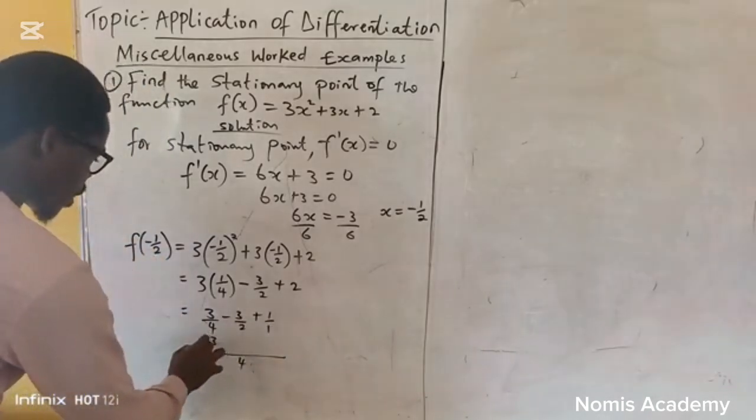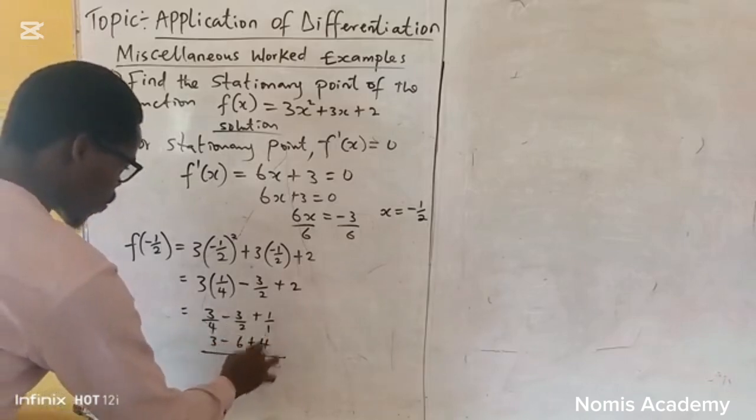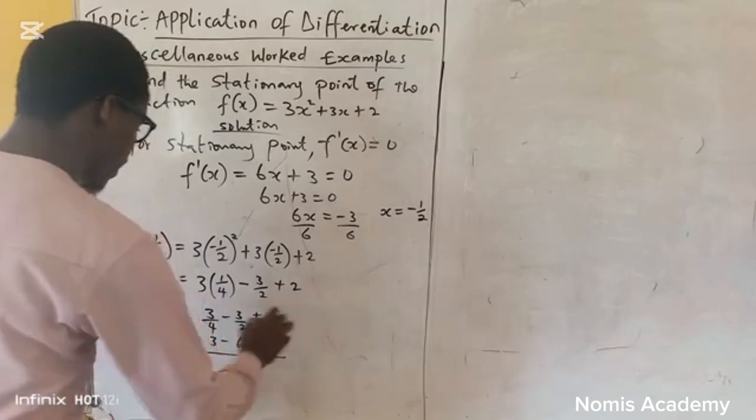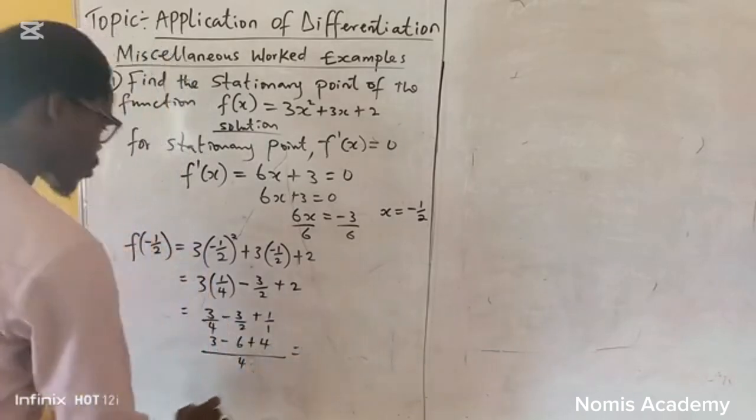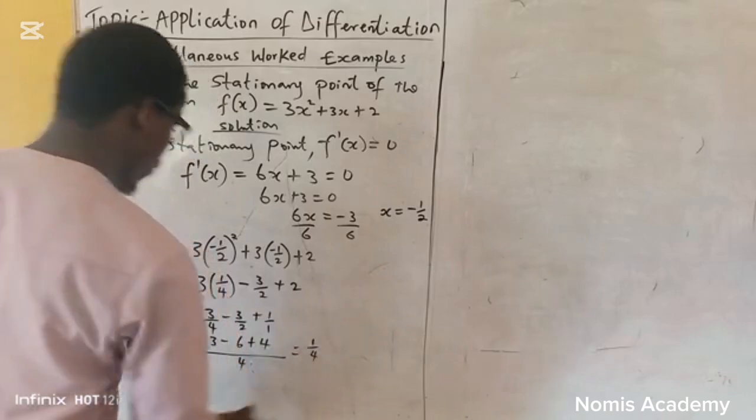So we have 3 minus 6 plus 4, and that will finally give us minus 3 plus 4, which is 1 over 4.